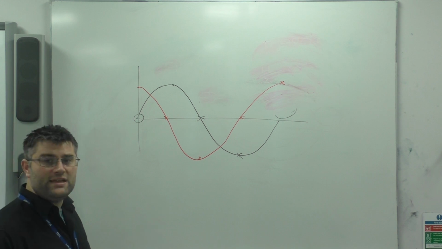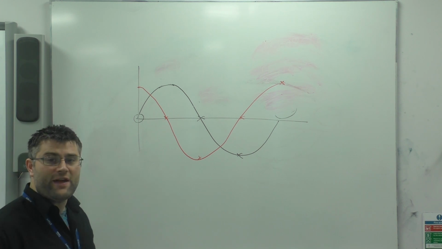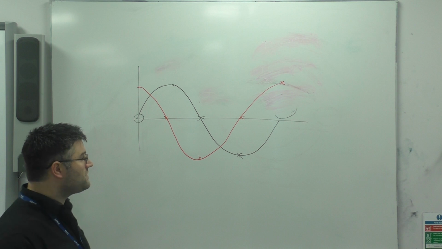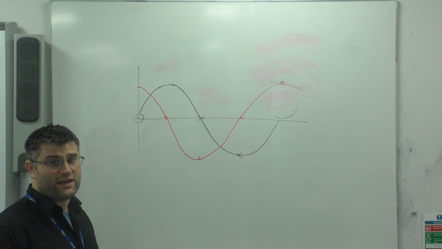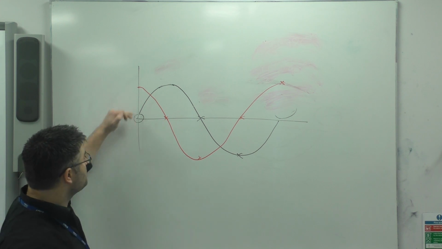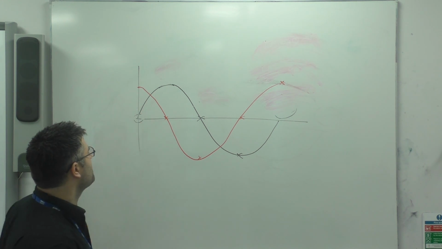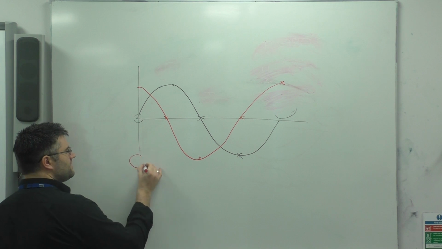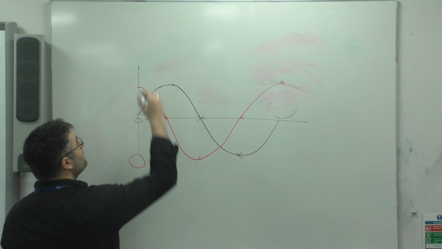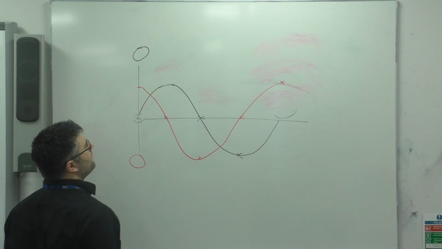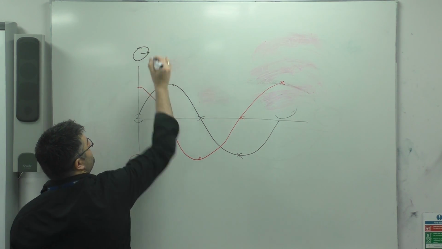So what do I mean by phase difference? Well, the best thing with finding phase difference is to look at any point on a wave and match up what the phases are at those two places. The standard place is right at the beginning. At the beginning we've already suggested that the wave for the black line is at 0 degrees.